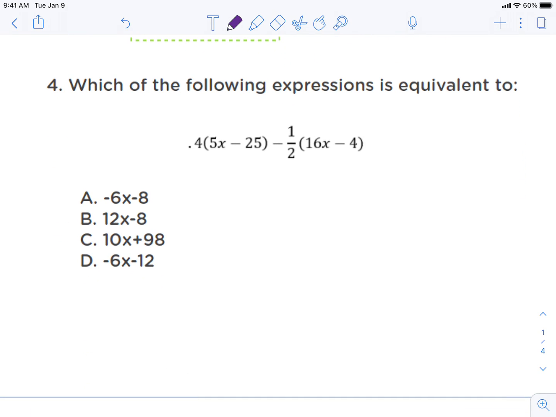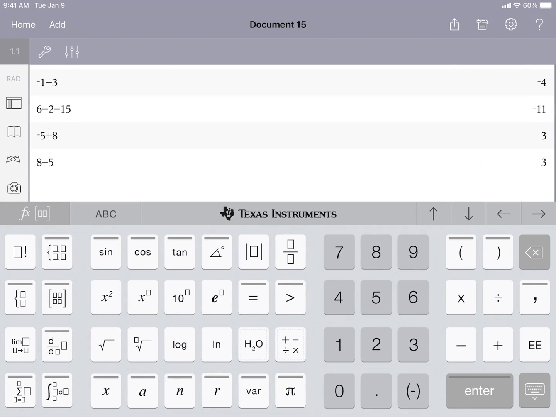Looking at number 4, we have some decimals and fractions. Remember, you can use your calculator. So we're going to distribute this first one, this 0.4, to the stuff inside the parentheses next to it. So 0.4 times 5x. If you need to use your calculator, you do 0.4 times 5. Remember, you cannot type variables into the calculator to get an answer.